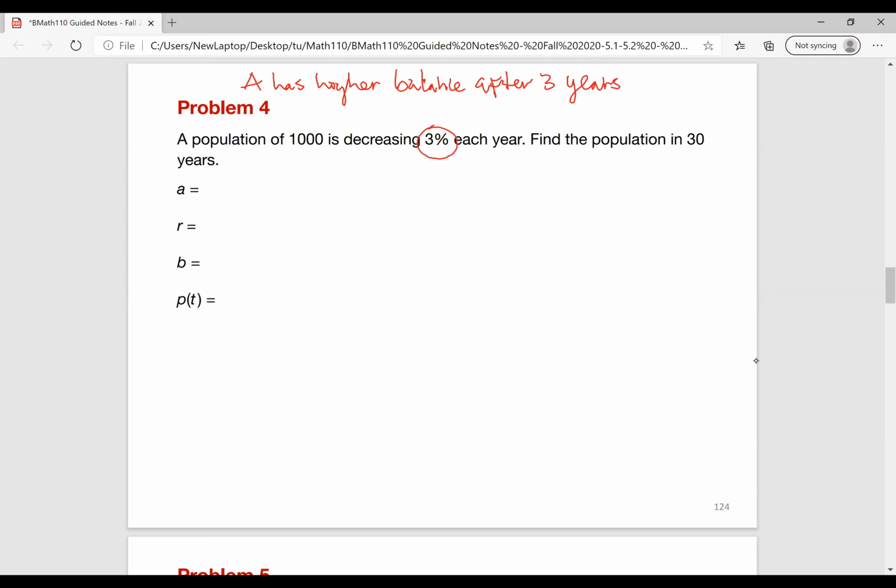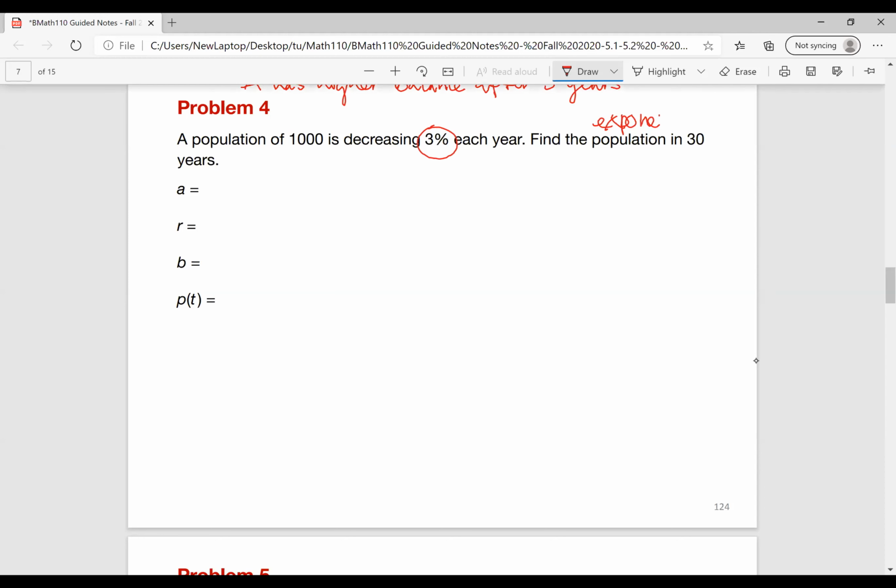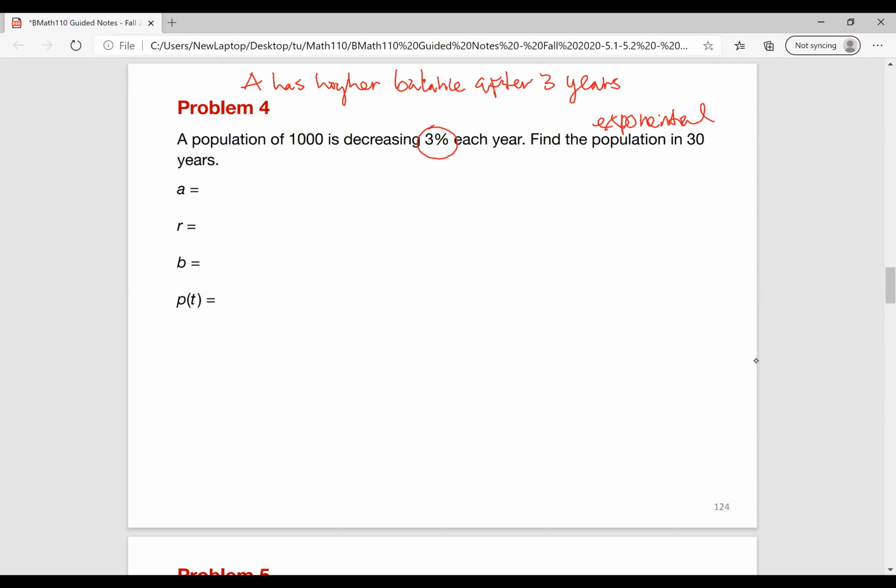It means that you are having a rate, and this should be an exponential function. Okay, and you should have A, which is the initial amount. Here's A, right? Initial amount is 1,000. And R in here is the rate of decrease. So then I have negative 3%, which is negative 0.03.